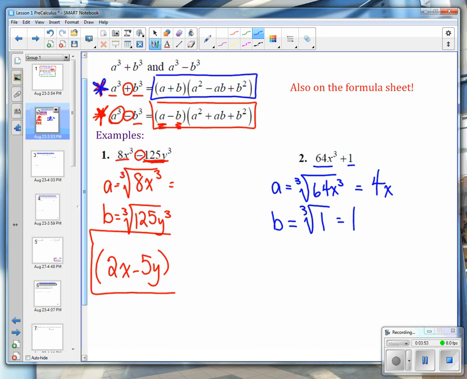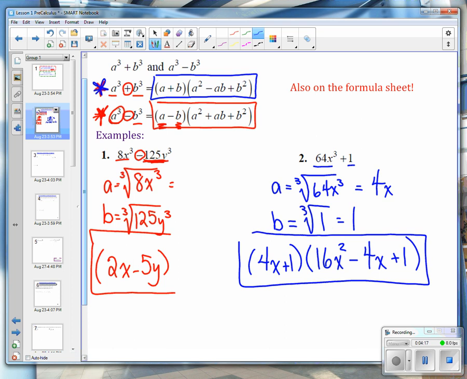We've got A plus B, so it's 4x plus 1, times the next one, A squared, which gives us 16x squared, minus A times B, which is 4x times 1, which is 4x, and then plus B squared. That's 1 squared, which is 1. And that would be our factored form.